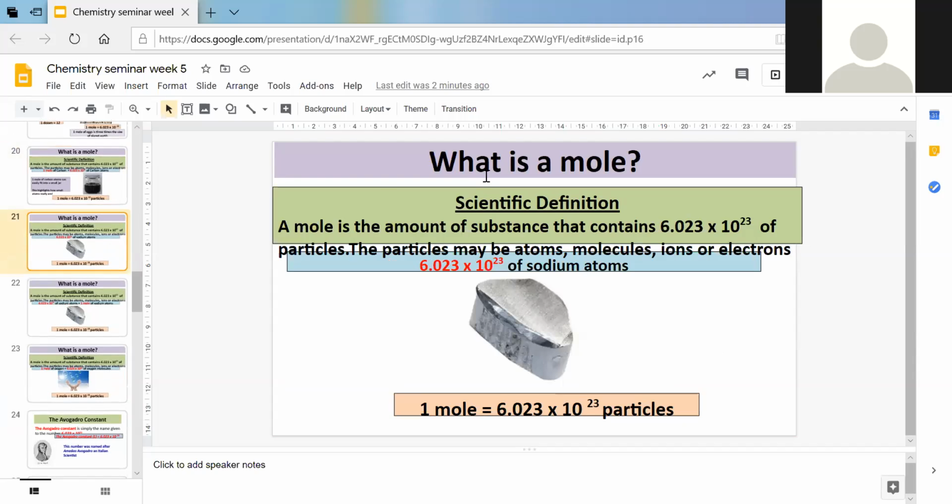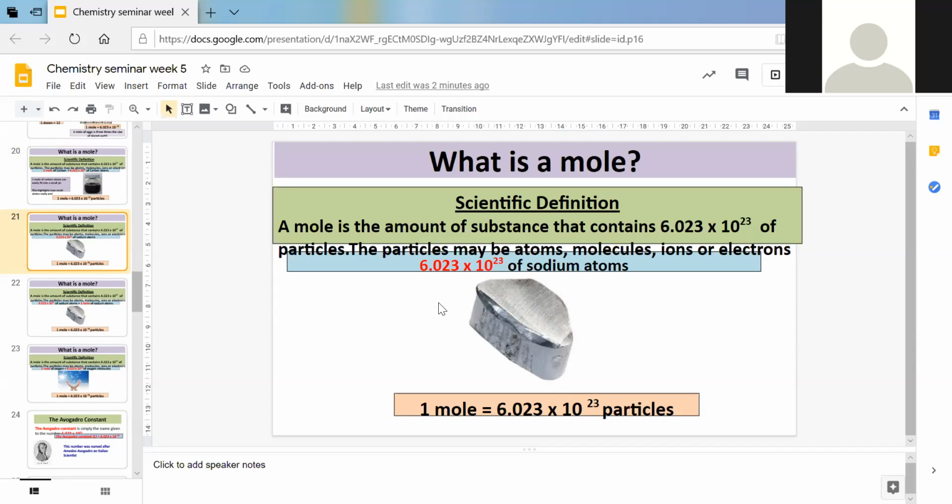So we have sodium metal here. And 1 mole of sodium equals 6.023 times 10 to the power of 23 atoms.